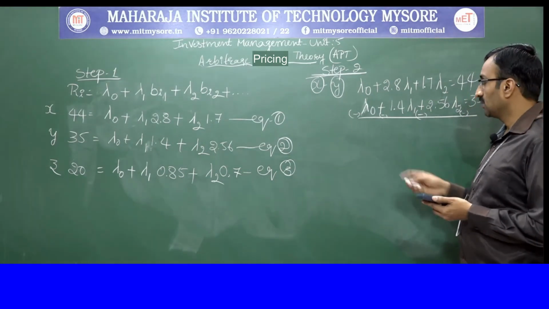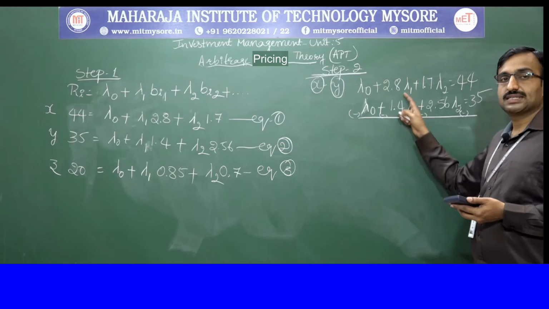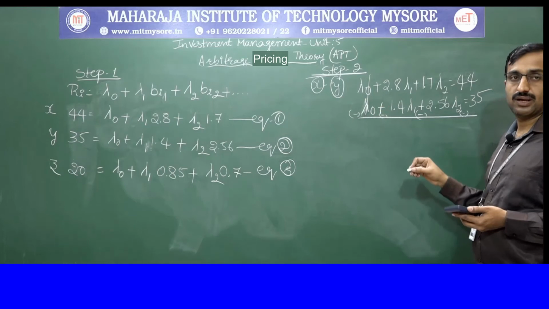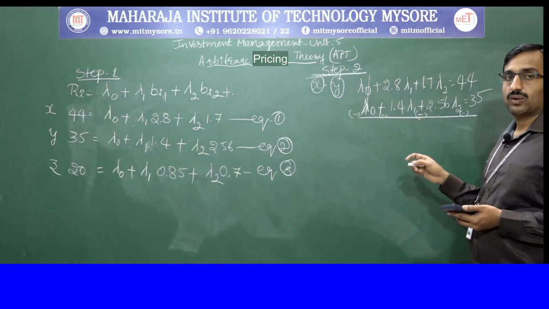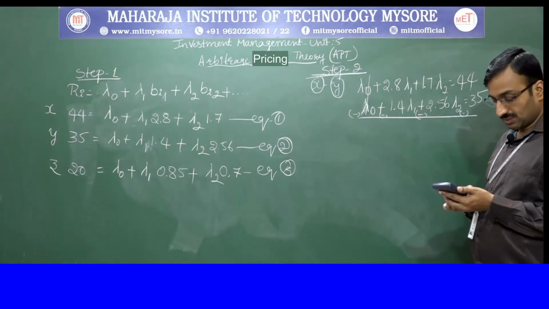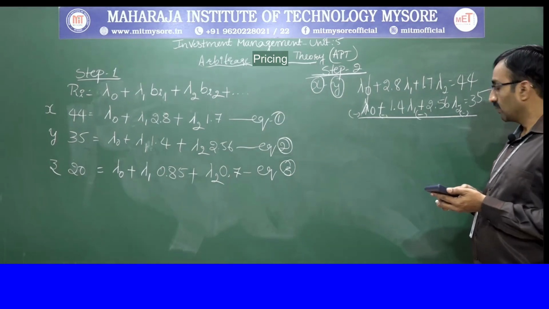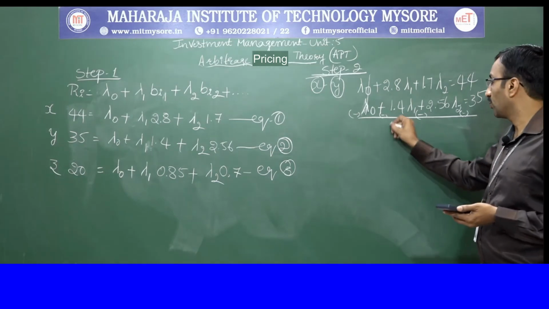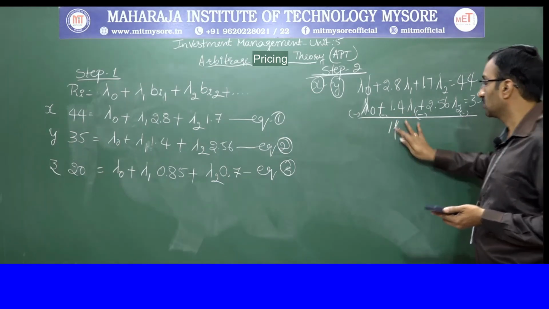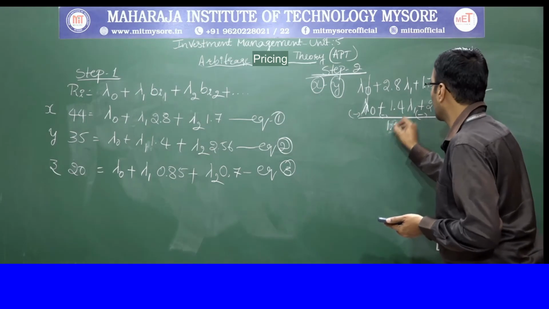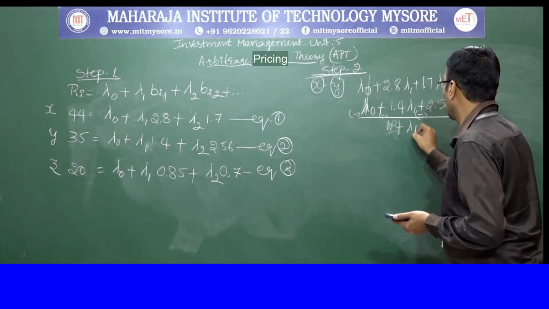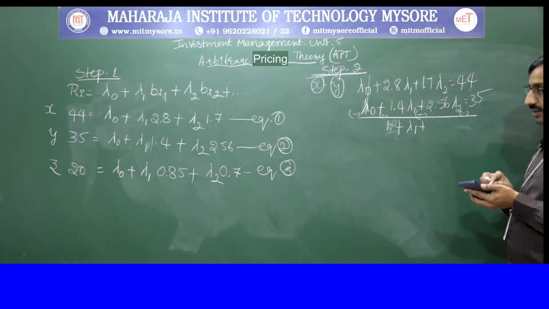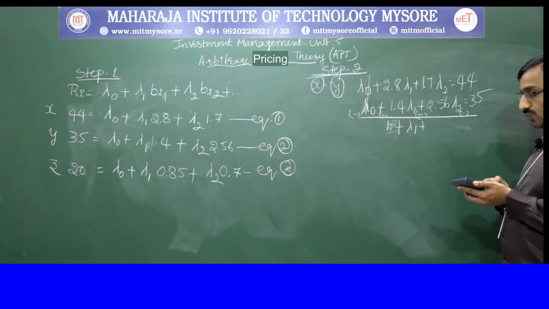Okay. So, as usual, lambda naught will cancel in both. 2.8 minus 1.4, if you do, you will get 1.4 lambda 1 plus 1.7 minus 2.56.